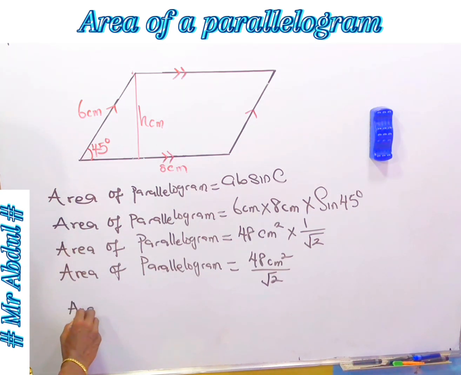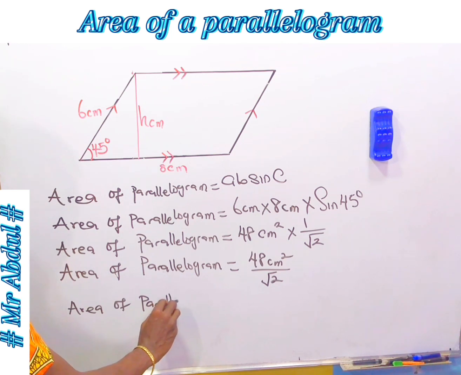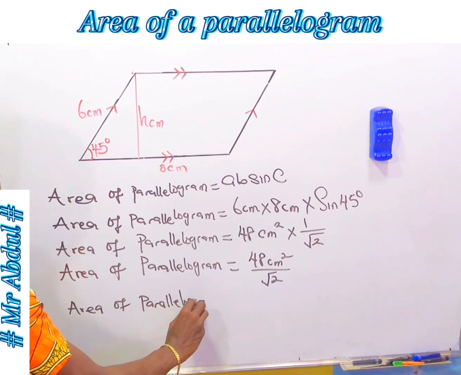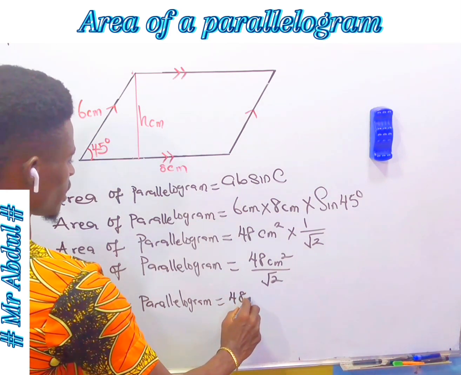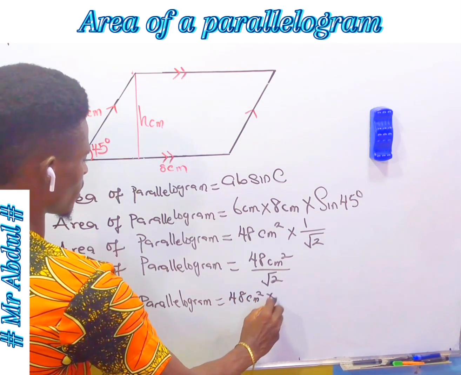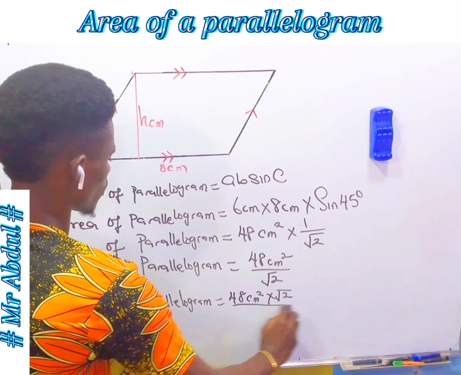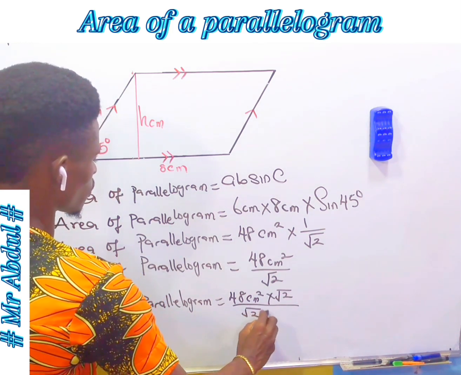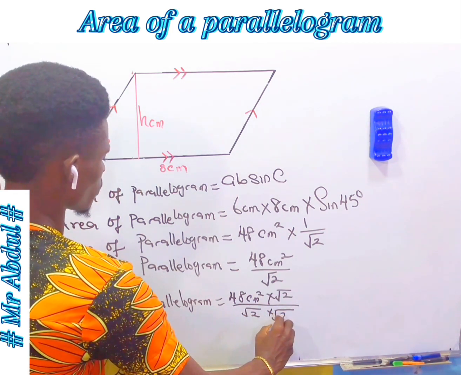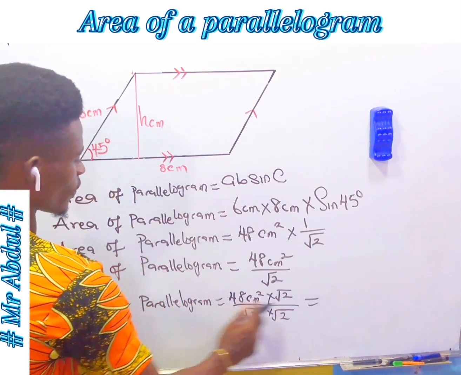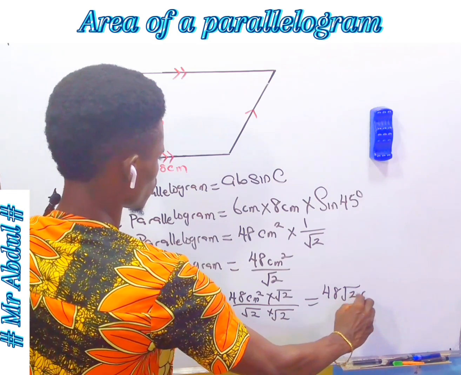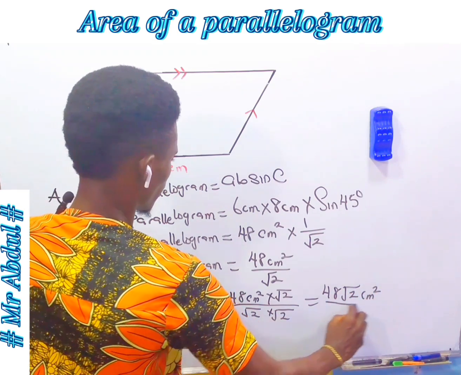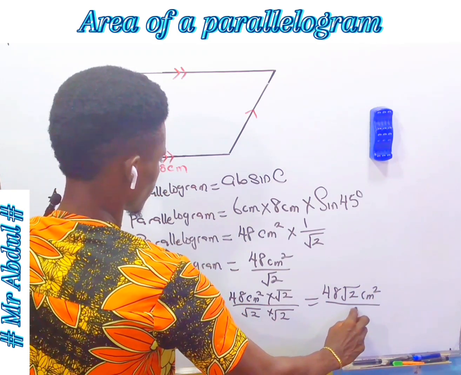Therefore, the area of parallelogram is equal to 48 cm square times root 2 over root 2 times root 2, which is equal to 48 root 2 centimeter square over 2.